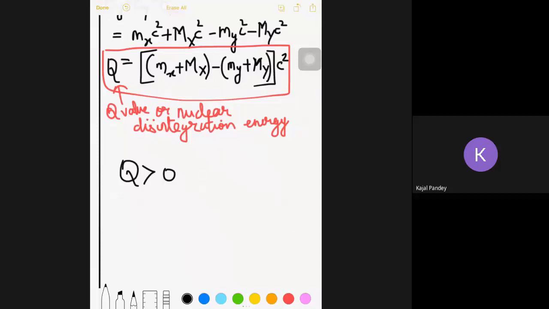So we can easily calculate Q. And if Q turns out to be greater than 0, we say that the reaction is exoergic, which means energy is released.